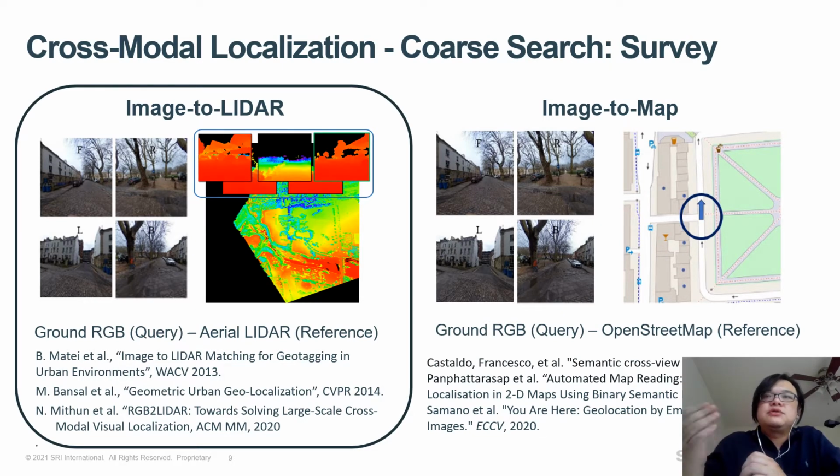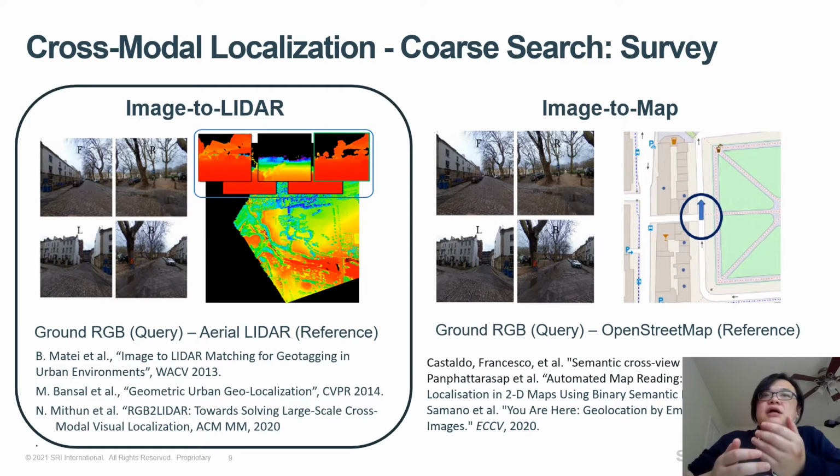There is also some work that collects LiDAR data using UAVs or small drone sensors. This way is more efficient because you can scan a large-scale environment very efficiently and get 3D LiDAR data.